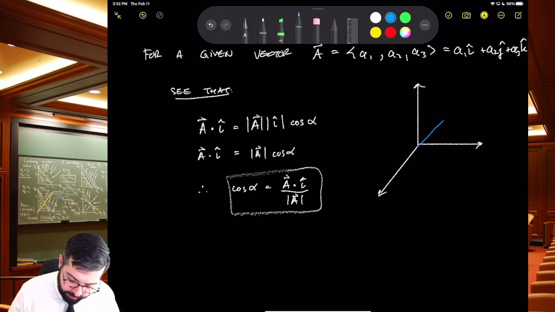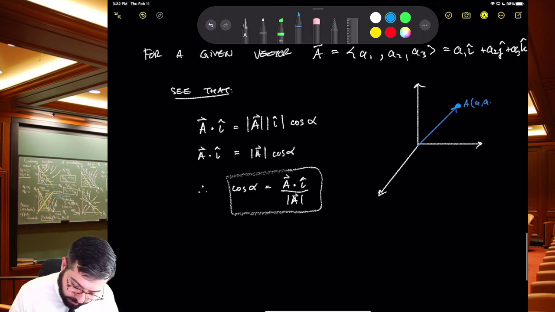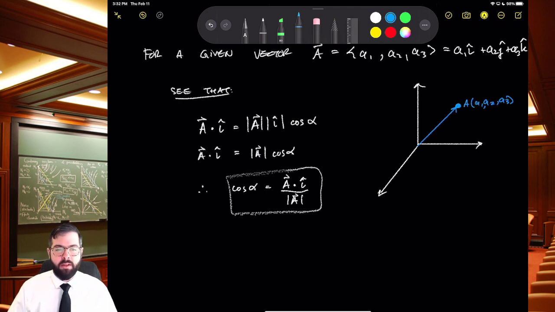I can afford a sketch here. So if I have some vector A, it's pointing out here. And again, remember I told you last time to associate each point in space as really also being the end point of a vector.